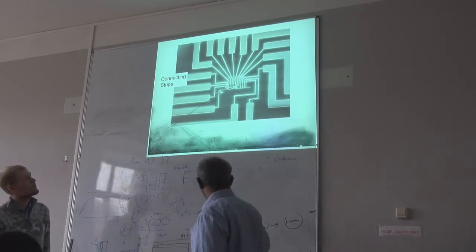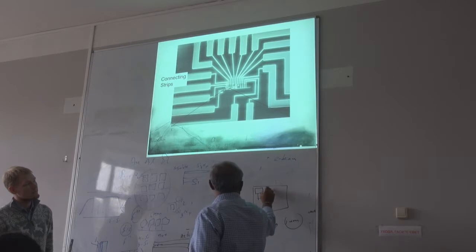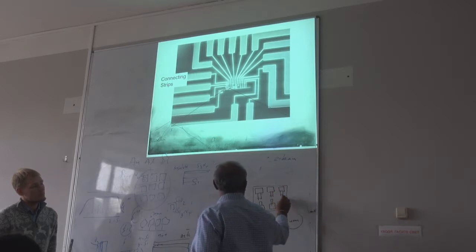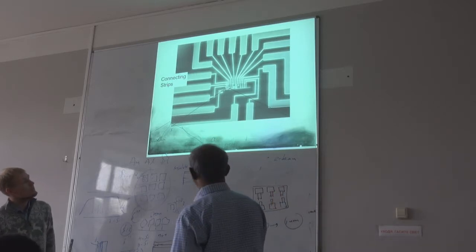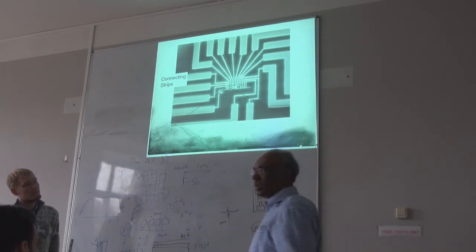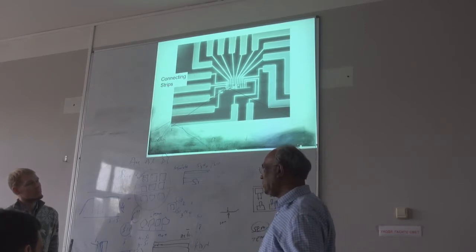So what we do is, first we make these large patterns, say this, which we can do by photolithography, right? So something like this. This we can do by lithography. The only thing you need is what? A mask, right? You can ask somebody to make a mask for you.